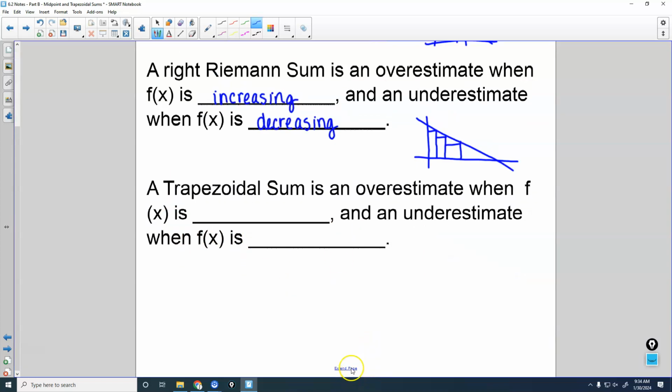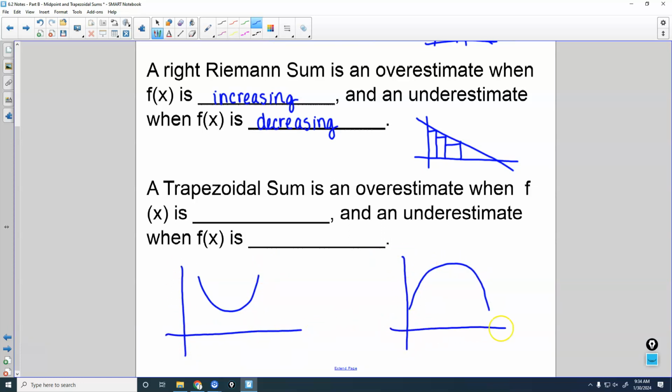Now, with a trapezoid, it doesn't matter about our increasing or decreasing. So we had concave up and concave down, right? So if we have a graph here, concave up, a graph here, concave down. I don't know why I didn't draw that one out. If we have a trapezoid and we're concave up, what are we going to get?